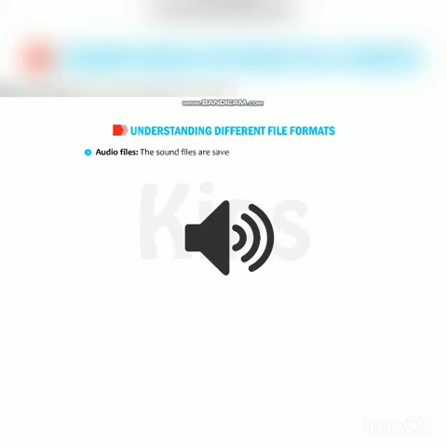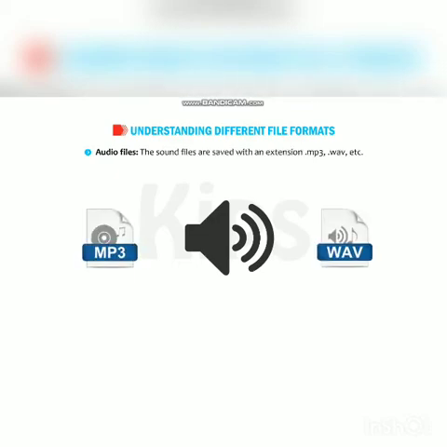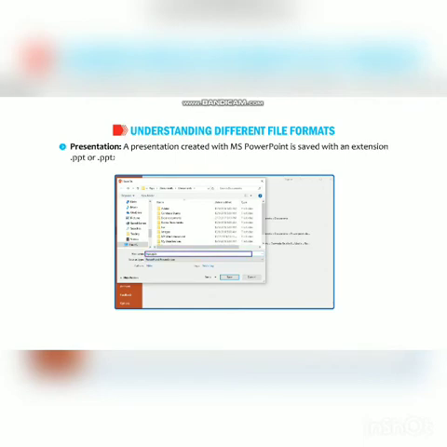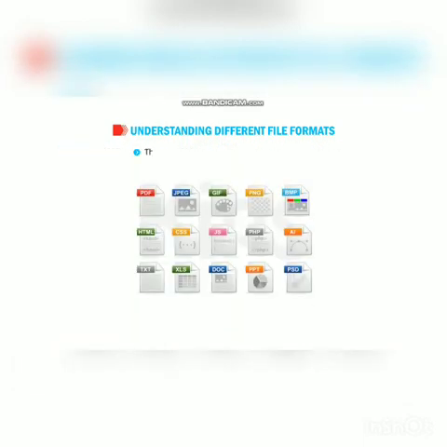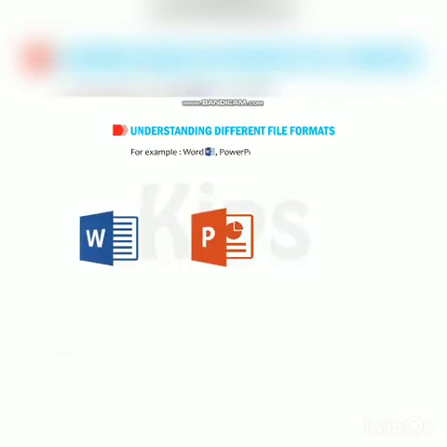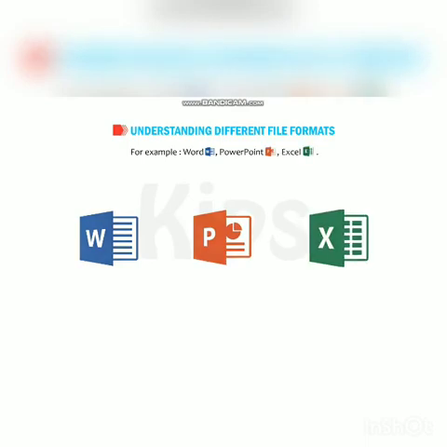The sound files are saved with an extension .mp3, .wav, etc. Presentation. A presentation created with MS PowerPoint is saved with an extension .ppt or .pptx. The file type is also indicated with its file icon. For example, Word, PowerPoint, Excel.